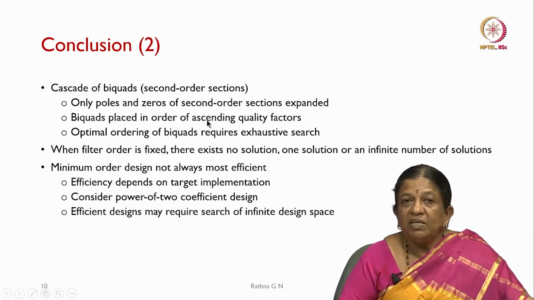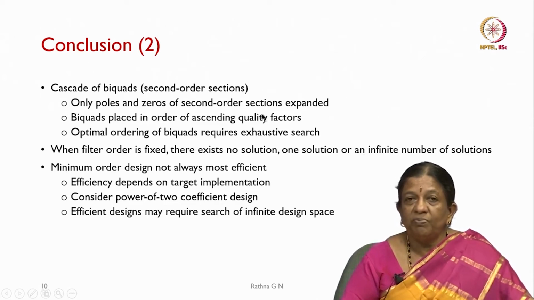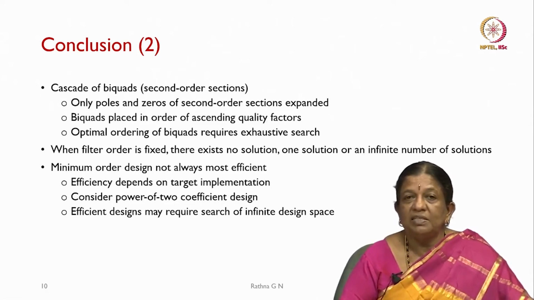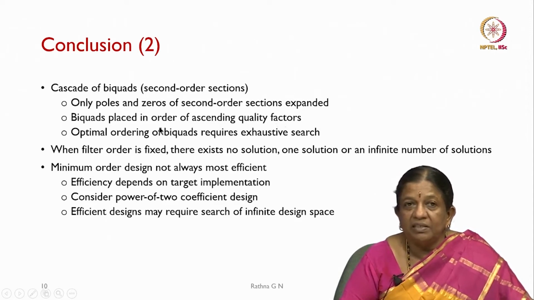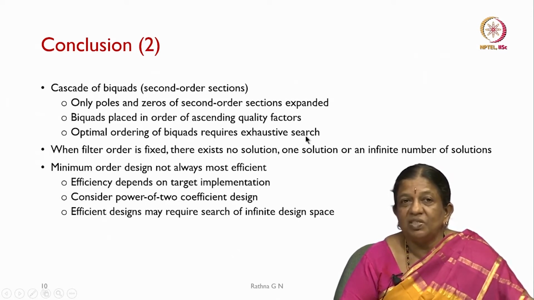Biquads are placed in order of ascending quality factors. So, this is going to become an optimization problem. One has to look at it and see how I can achieve this, and that is the way the biquad sections will be connected.